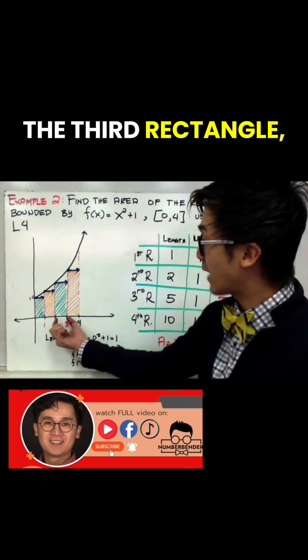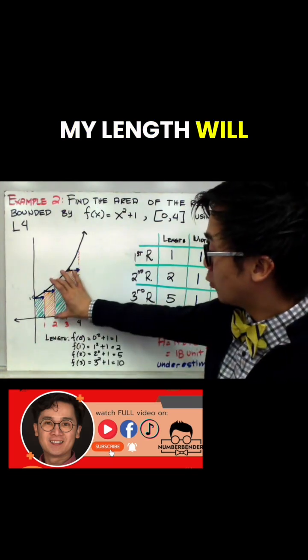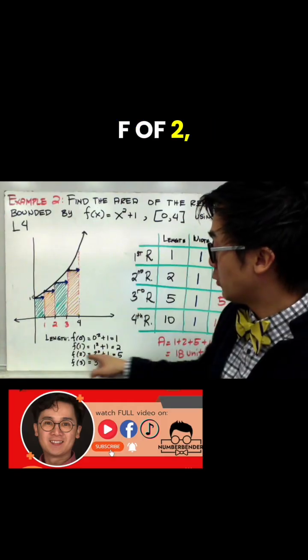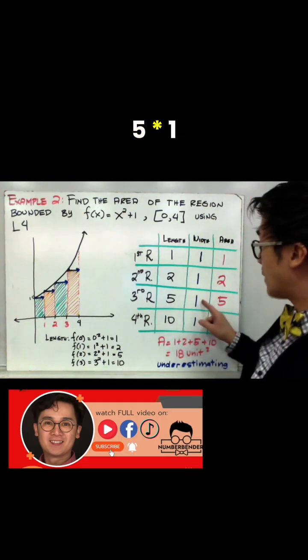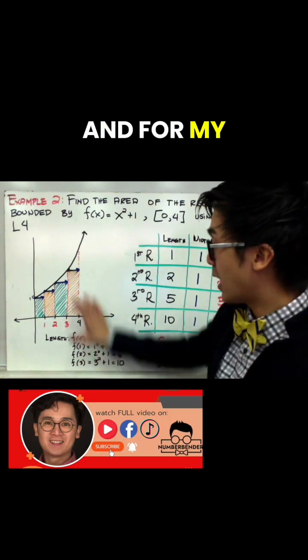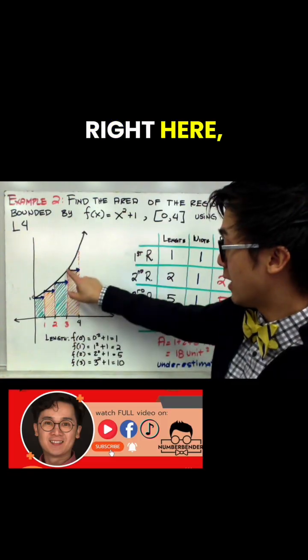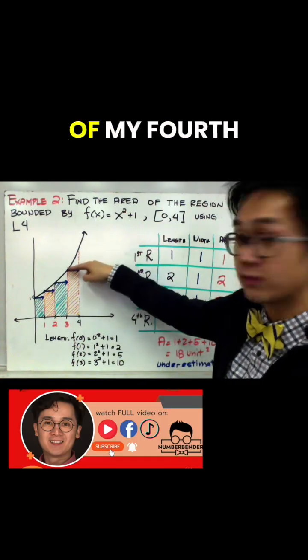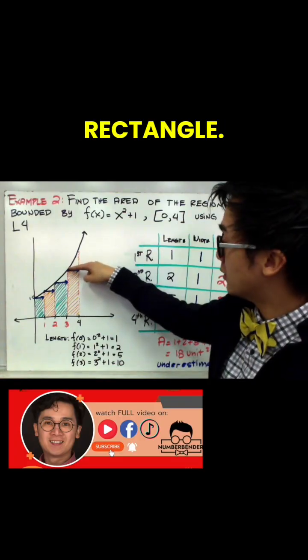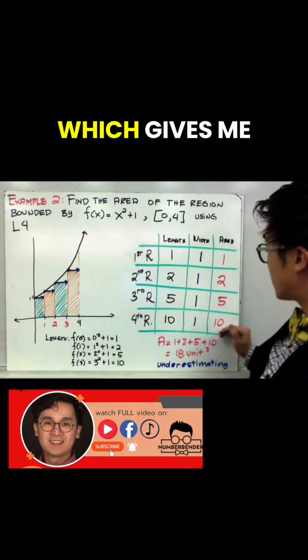For the third rectangle, my length will be f of 2, which is 5. So I have 5 times 1, equal to 5. And for my fourth rectangle, which starts at f of 3, the height is 10. So I have 10 times 1, which gives me 10.